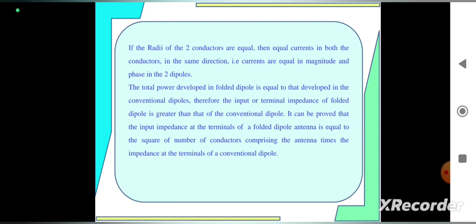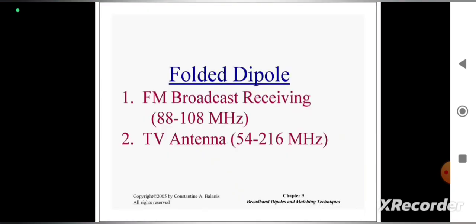Okay, clear? Next, the frequency range of the folded dipole antenna is 88 to 108 MHz in FM broadcast receiving. Next, 54 to 260 MHz in TV antenna.